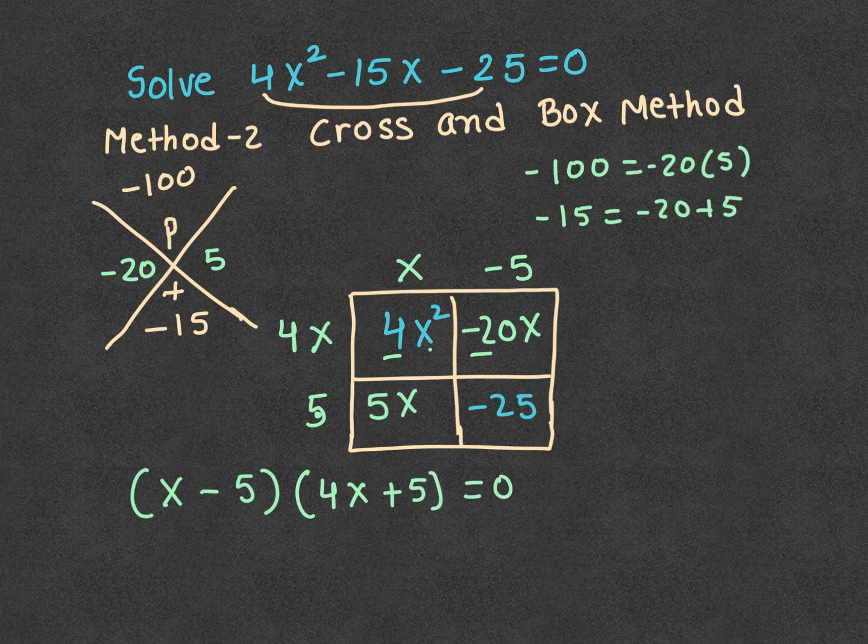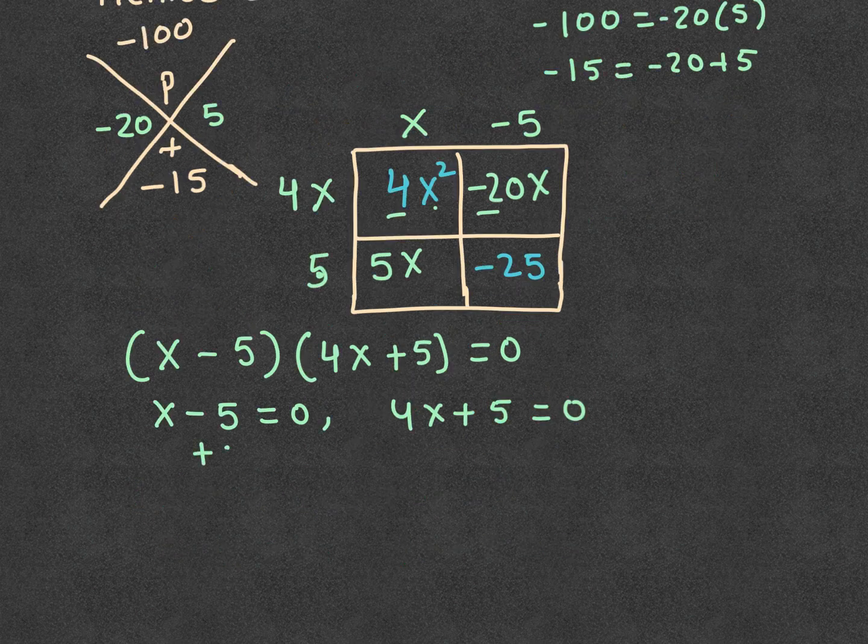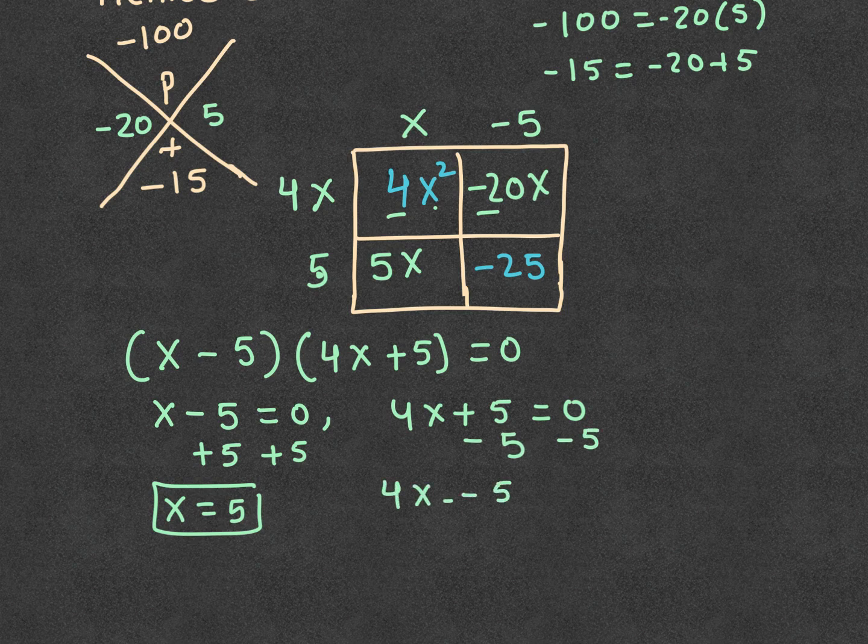To solve for x, you put both factors equal to 0 one by one and solve for x. Here you add 5 on both sides, and x equals 5 is the answer. Here you subtract 5, and after that divide by 4, and you're going to get x equals negative 5 over 4.